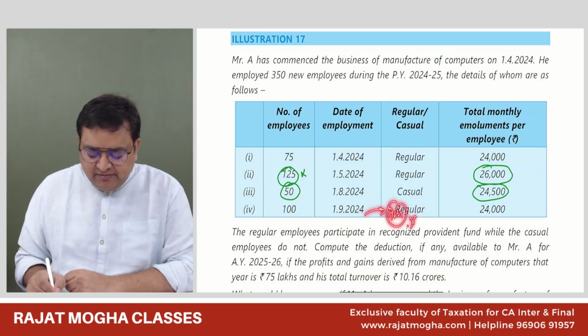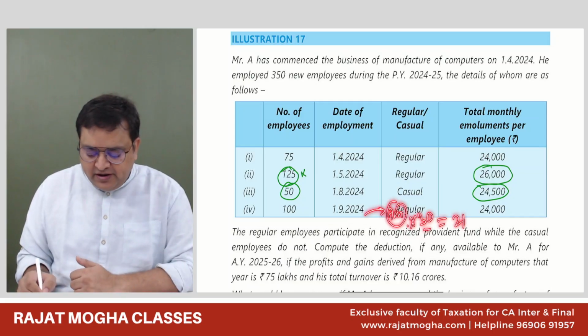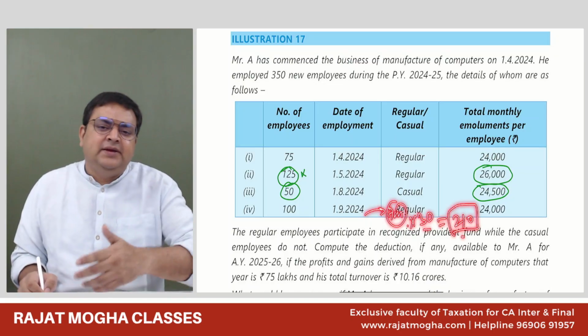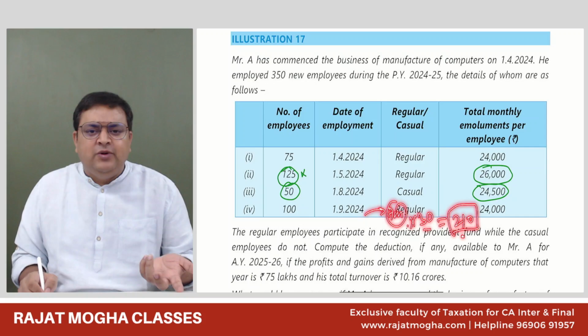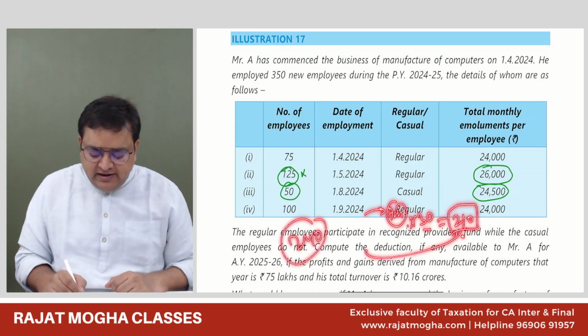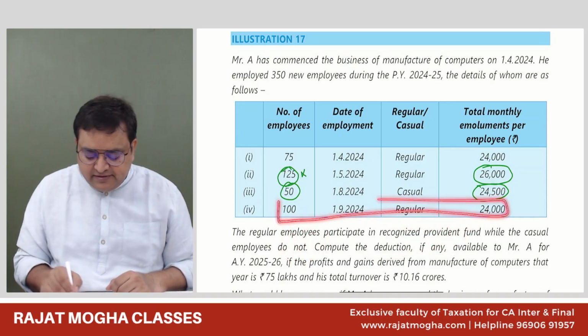Roughly, if I calculate 30 days for each month, it comes to almost 210 days. If I calculate one more day, since some months have 31 days, it would be 211, 12, 13, 14, etc. So it is not touching 240. In any case, it will not touch 240. So these people are not eligible in this year.